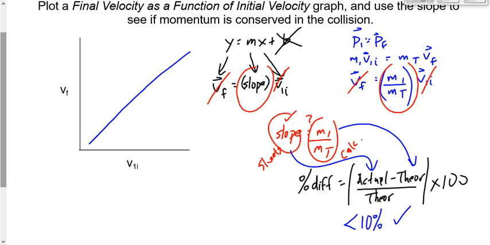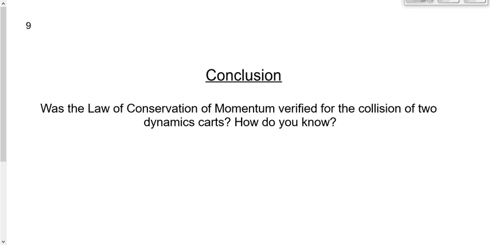If your percent difference is 14%, then a perfectly valid conclusion is, no, the law of conservation of momentum was not verified. Okay? That's what I want you to conclude. Don't say that it was if the percent difference was 38%. Your conclusion, was it verified? How do you know?